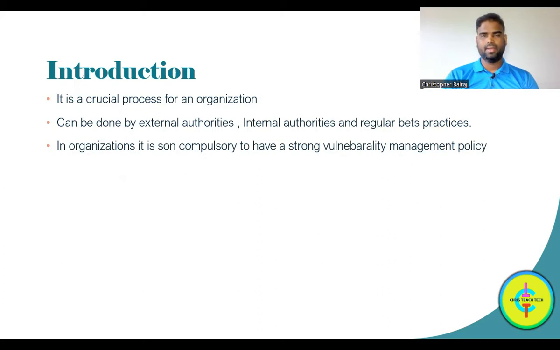I can repeat it: if you are running an organization or any other business, you should know what you want to do, what you should do, and what you have to do. It might be a little confusing, but to keep it simple, more than what we want to do, there are certain things that we should do in an organization.